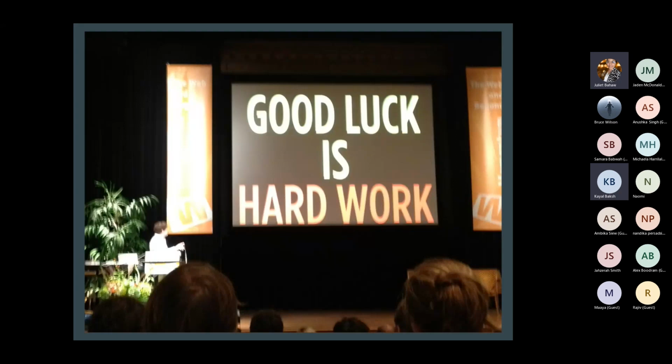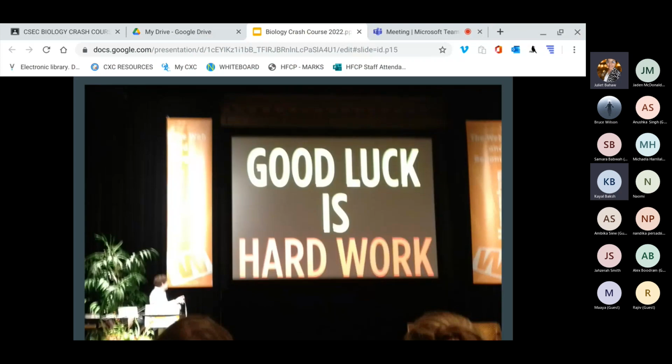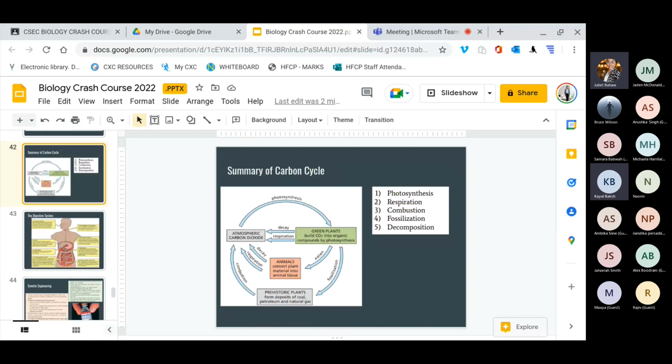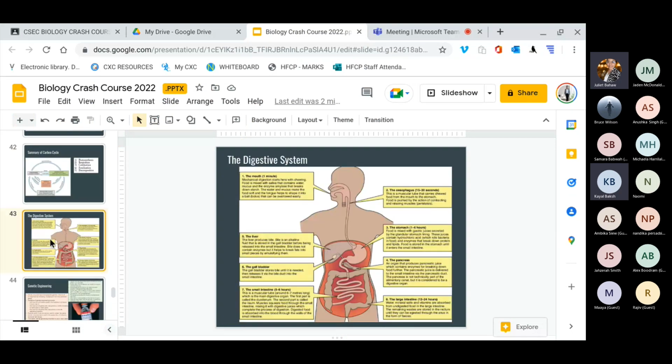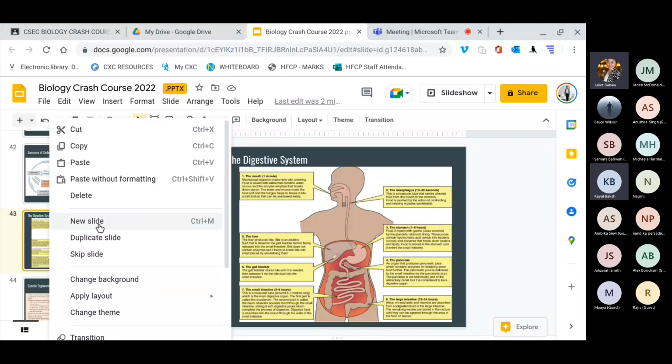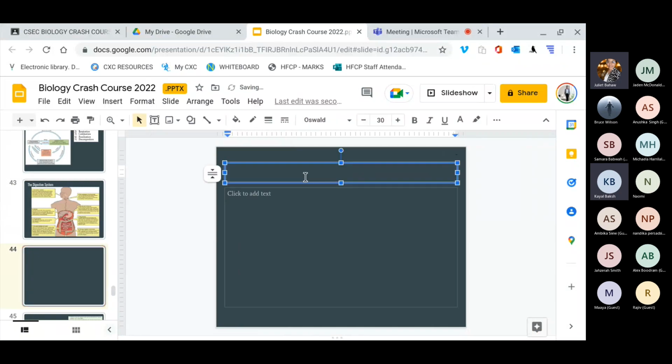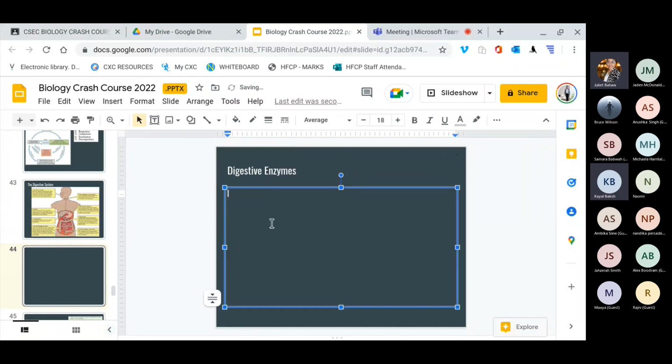All right, I will actually give you the PowerPoint version. So if you want to add in, for instance, if you want to expand on the digestive system, you could always come here, click new slide, insert however you want it. You could have digestive enzymes, just like if you want to recall what you remember.